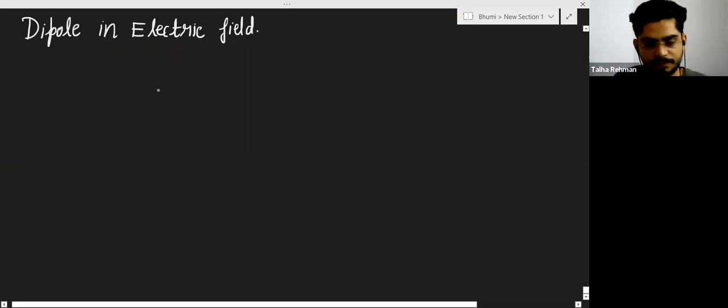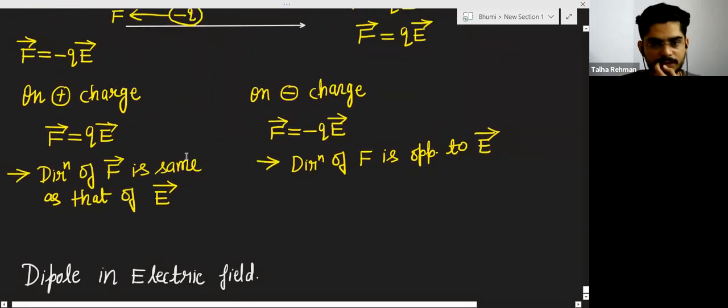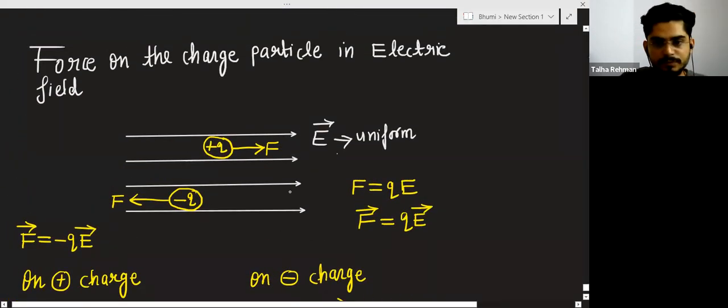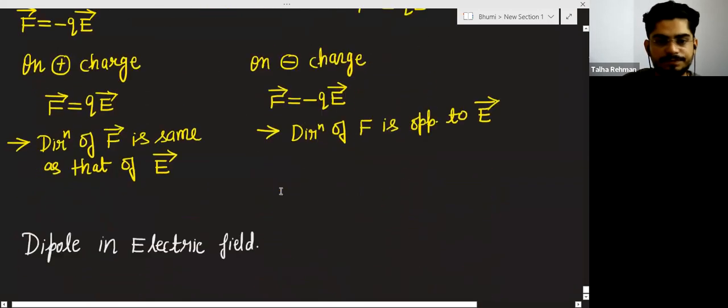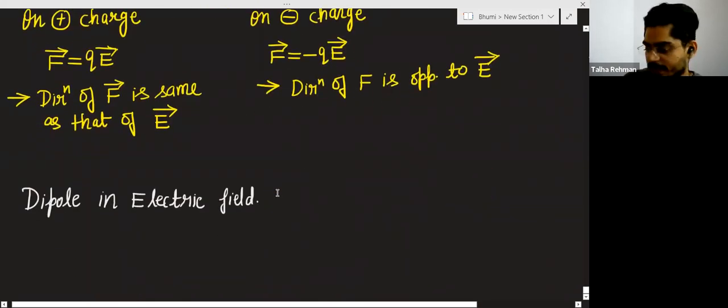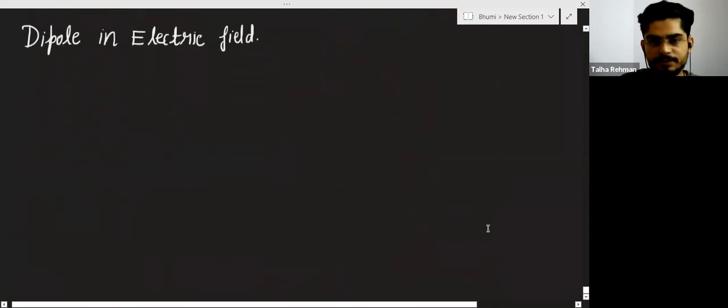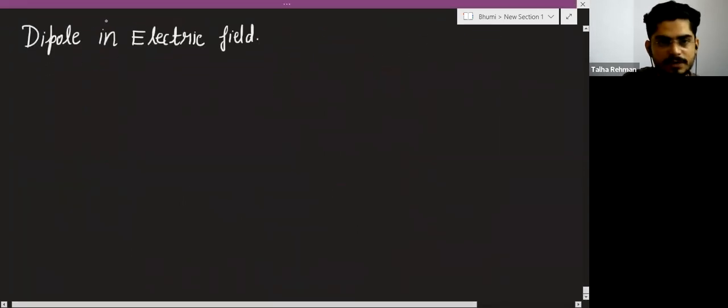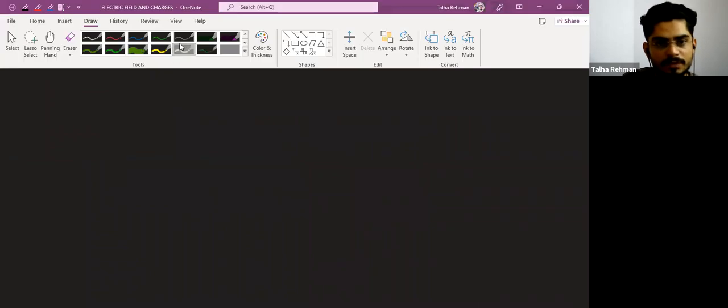And please remember this formula. This is for a uniform electric field only. Now we will place the dipole in the electric field and we will see what will happen. So I am just taking a uniform electric field.